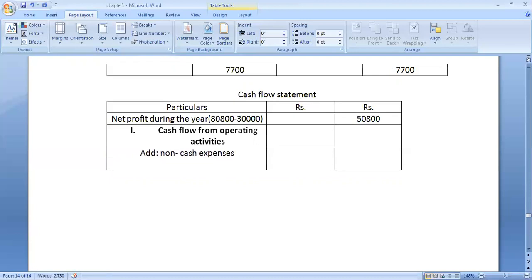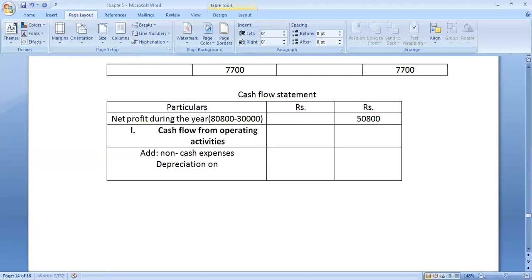So which are the non-cash expenses? First record the depreciation. Depreciation on land and building, which is given in the adjustment. What is the value of depreciation? It is 60,000.